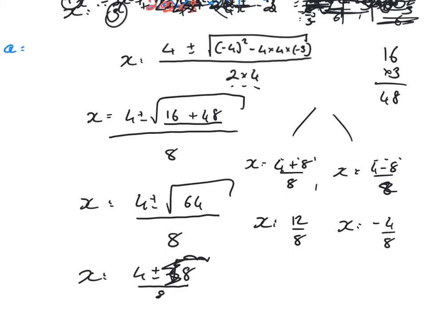We can leave them as fractions, that's fine, but let's simplify those fractions. For the first one, I can divide top and bottom by 4, and for the second one, top and bottom by 4 again. Okay, so that's going to give me 3 over 2 for the first root, and for the second root, minus 1/2.